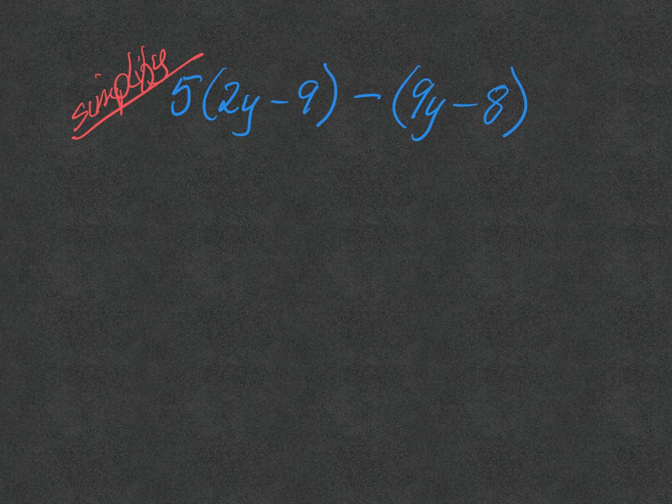So in this case, we want to do the distributive properties that we see. And remember, this is subtracting a set of parentheses, so that's like saying -1 times each of those inside the parentheses.